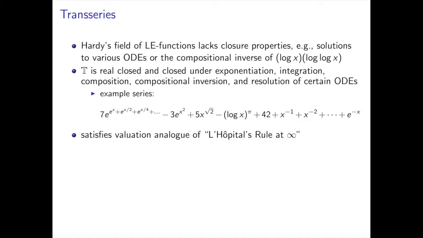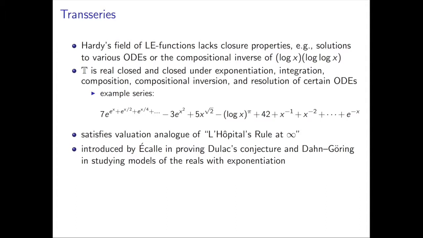Yeah, it also satisfies some analog of L'Hopital's rule at infinity, a kind of valuation theory analog that I'll say later. And some kind of Transseries were introduced by Écalle in proving Dulac's conjecture, and also by Dahn and Göring in studying models of the real field with exponentiation.